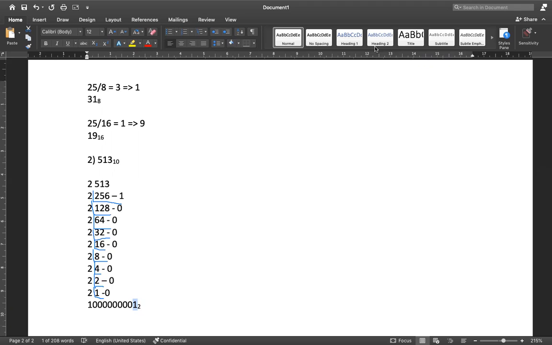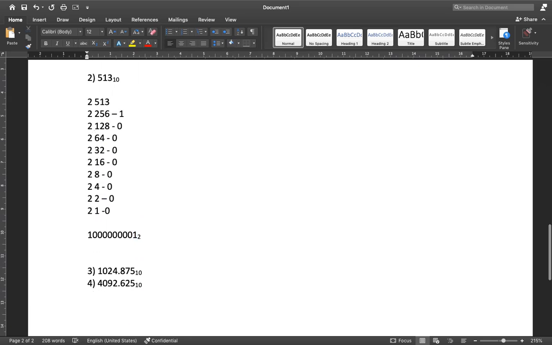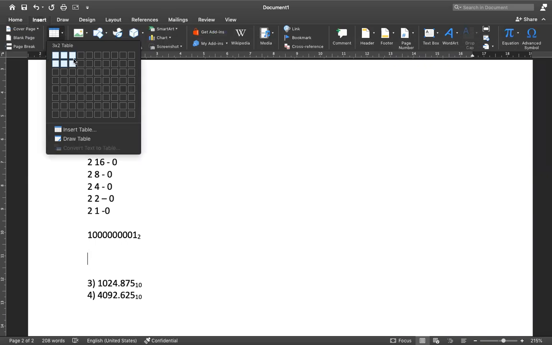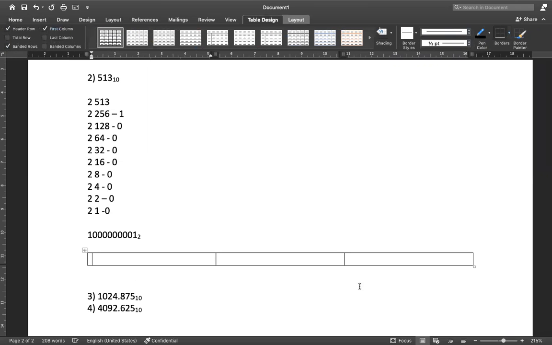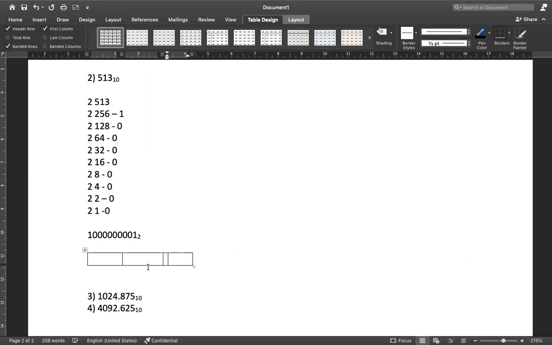Then octal. Let's write in octal. Use the same method. You have to divide by 8.